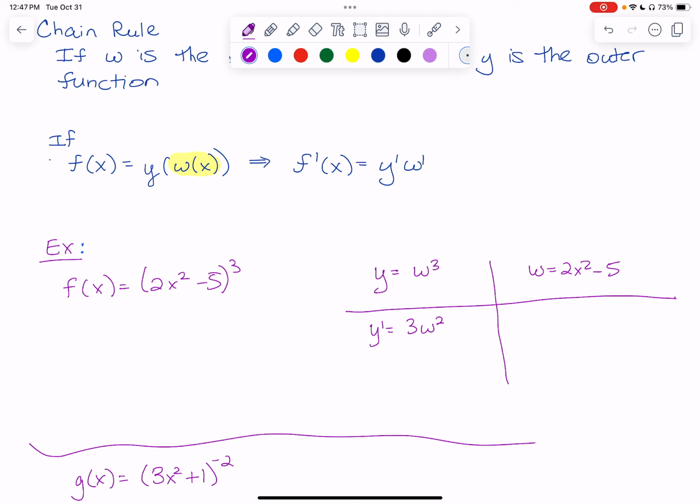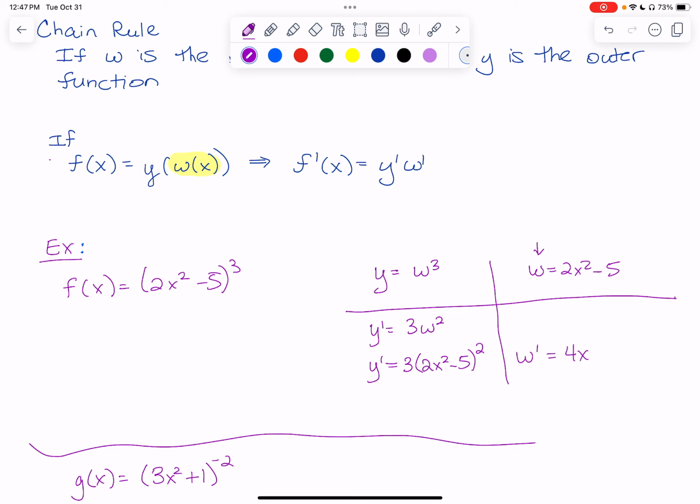So I'm going to take this w term right here, basically the value, the 2x squared minus 5, and sub it back in for w. So I'm going to have a y prime is equal to 3 times 2x squared minus 5 all squared, because that w was squared. Now if I want to find my derivative of w, then I'm going to have a 4x down here.